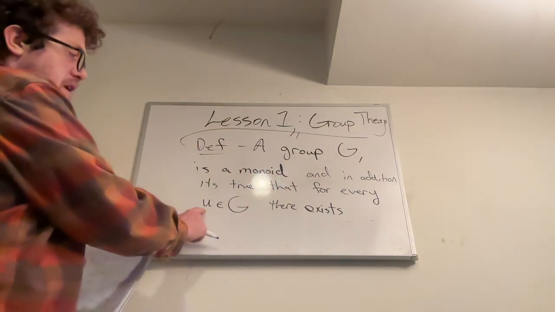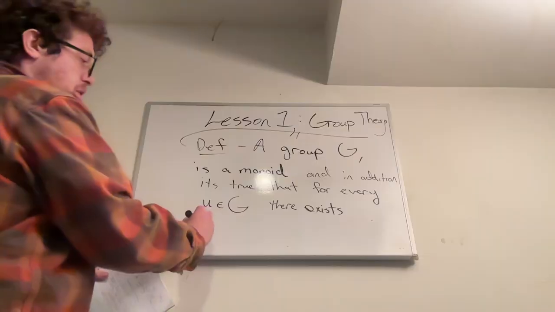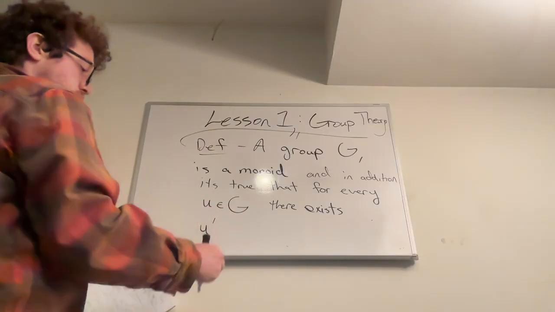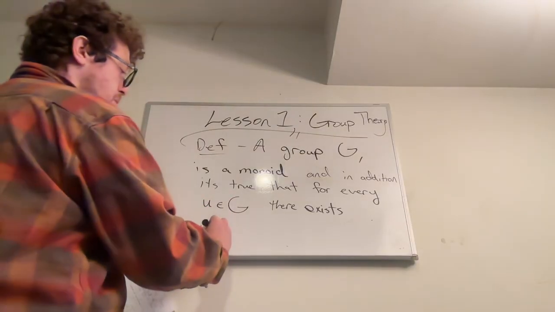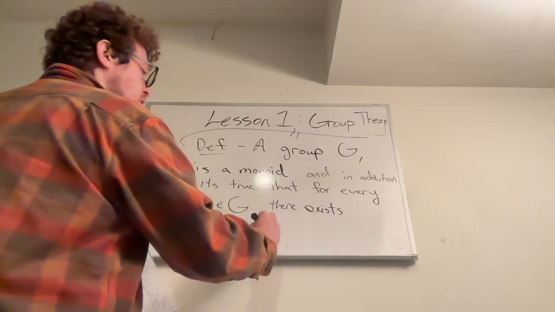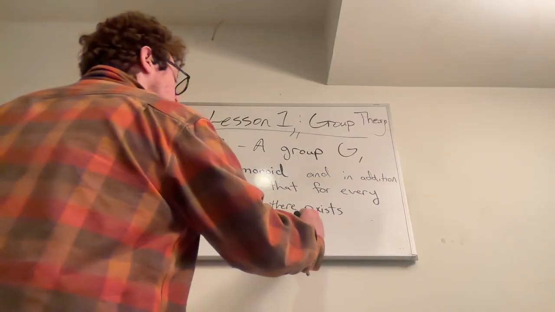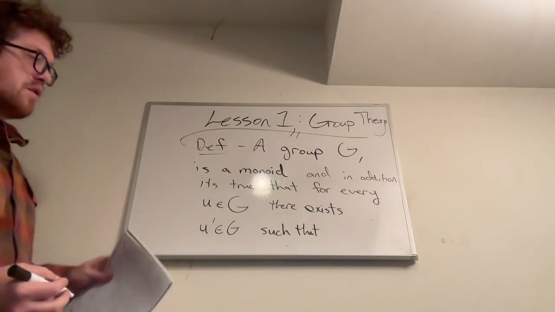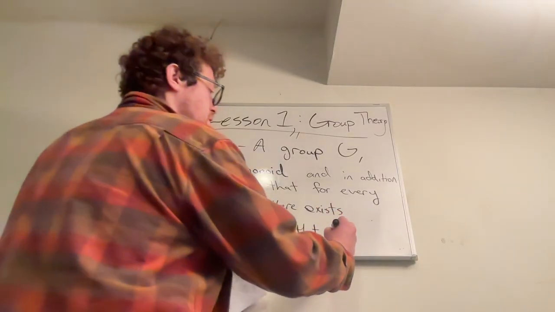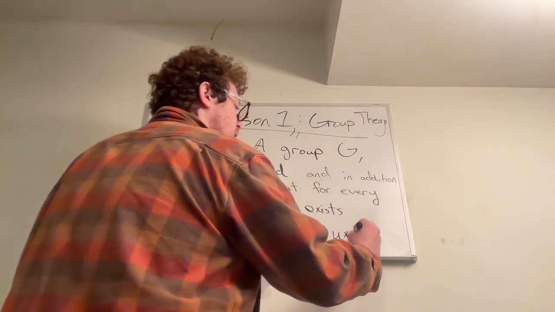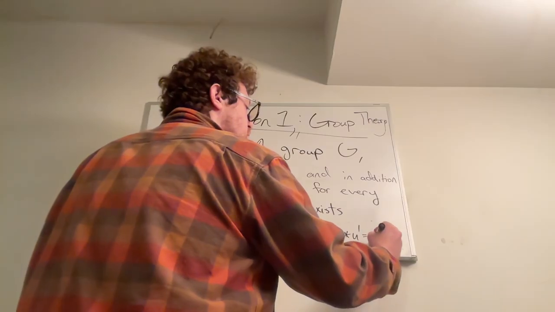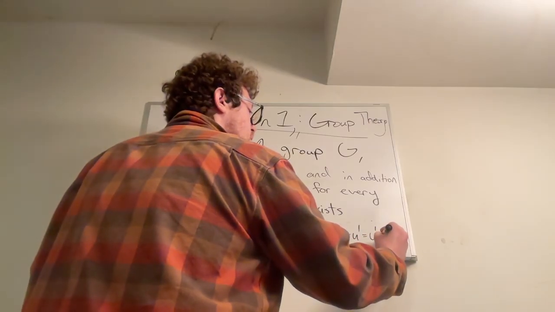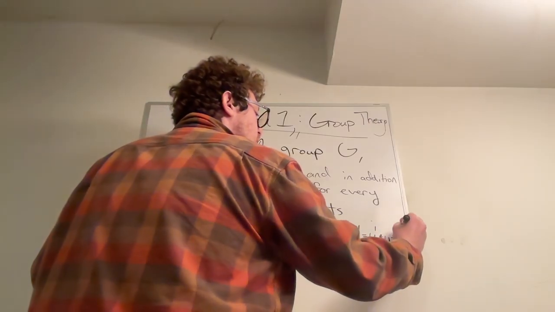So for every element U, there exists a U prime, also in the group, such that when I multiply the two in either order, I get the identity element. So U times U prime is the same as U prime times U, which is 1.